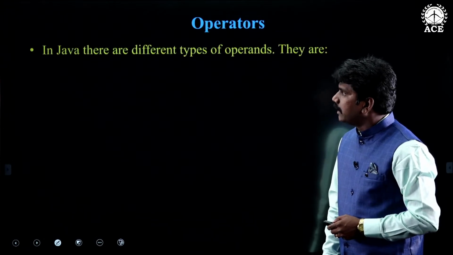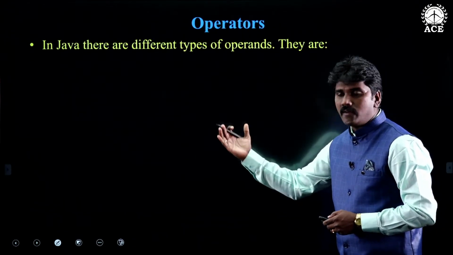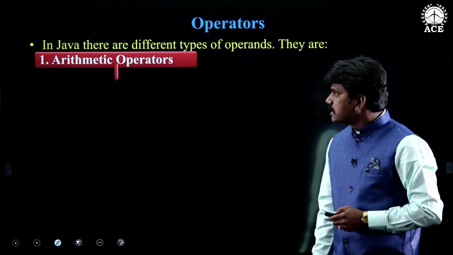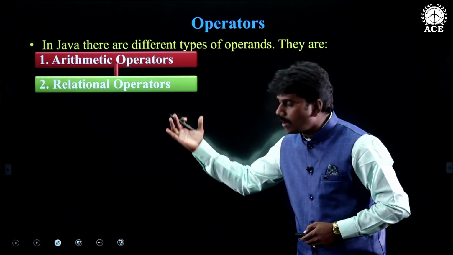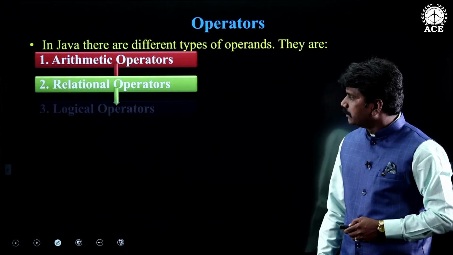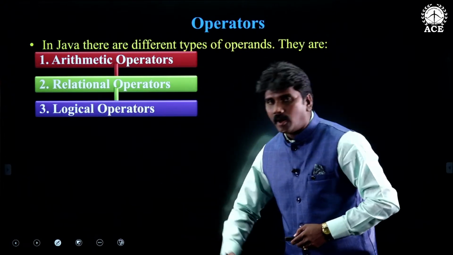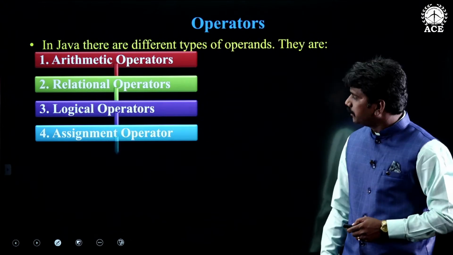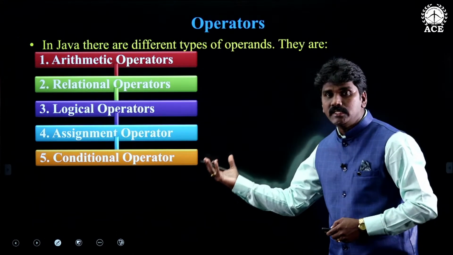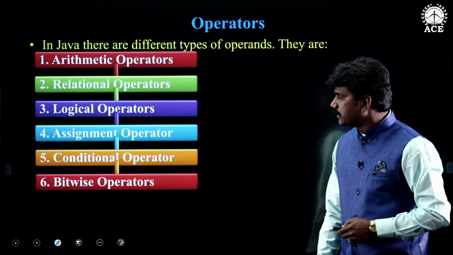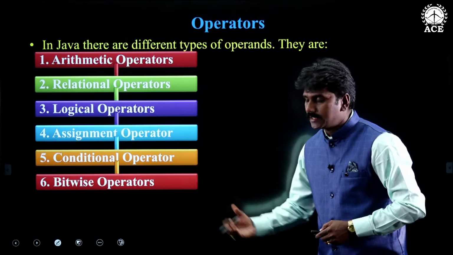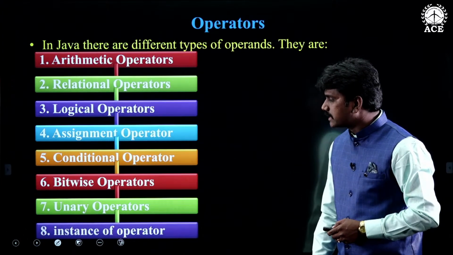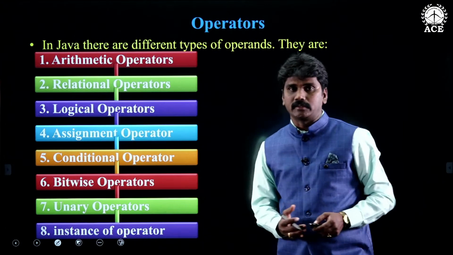The list of Java operators: the first one is arithmetic operators, second relational operators, third logical operators, fourth assignment operator, fifth conditional operator, sixth bitwise operators, seventh unary operators, and the eighth one is instanceof operator.